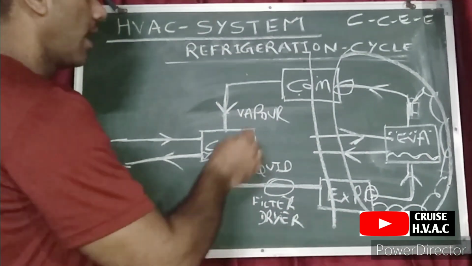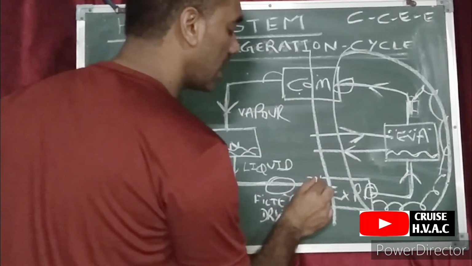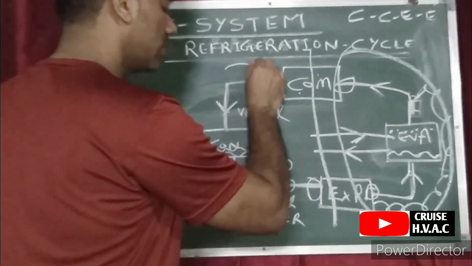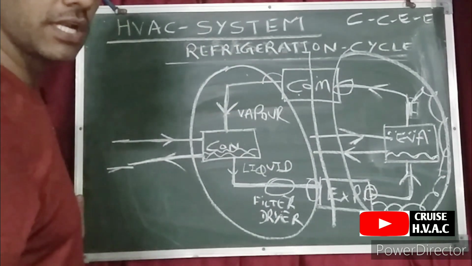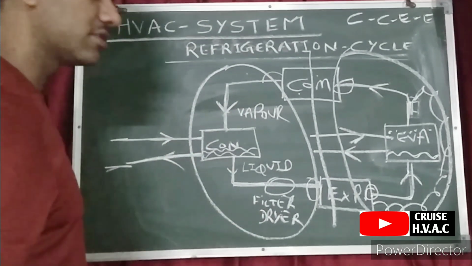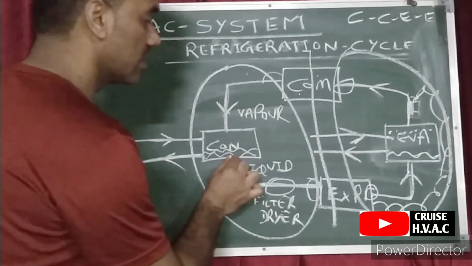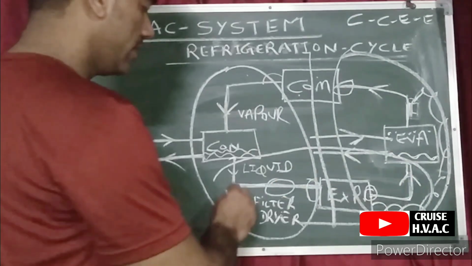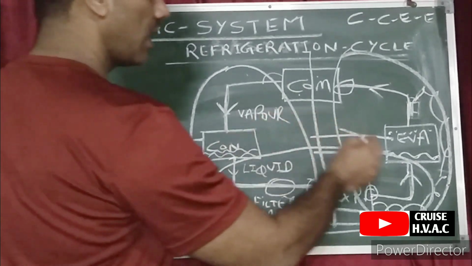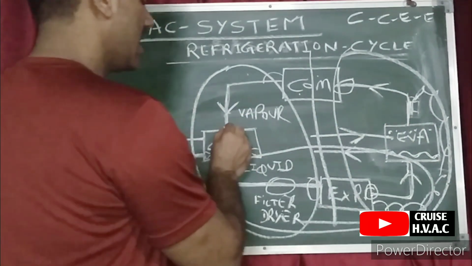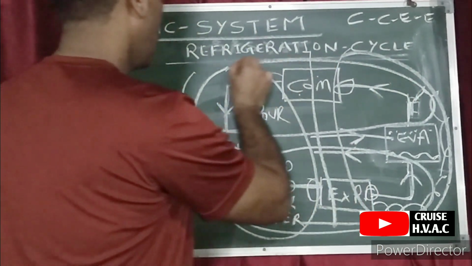Okay, and from the discharge of the compressor to the inlet of the expansion valve, in all this portion the pressure and temperature of the refrigerant are always high. These things we have to keep in mind, and always, between the outlet of the condenser and the inlet of the evaporator, in this portion the refrigerant is always in liquid form, and from the outlet of the evaporator to the inlet of the condenser, in this whole area the refrigerant is always in vapor form.